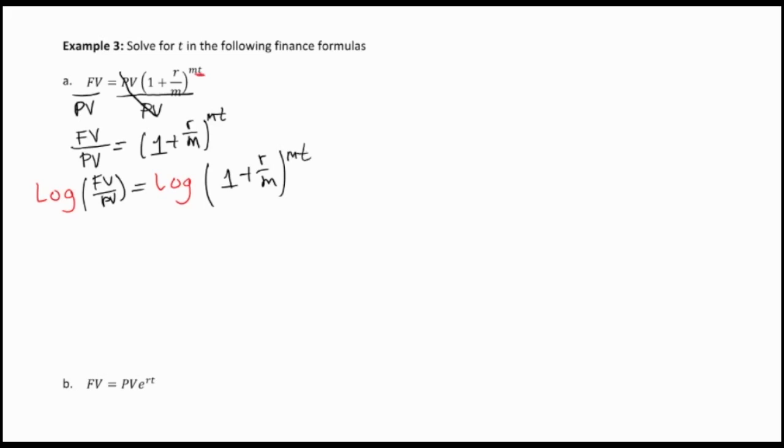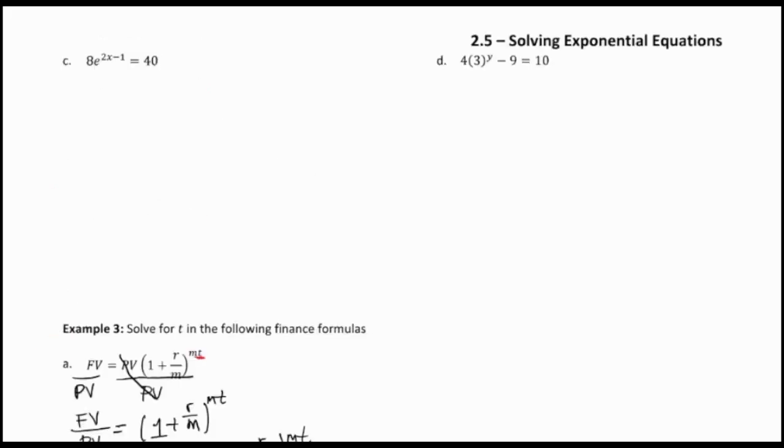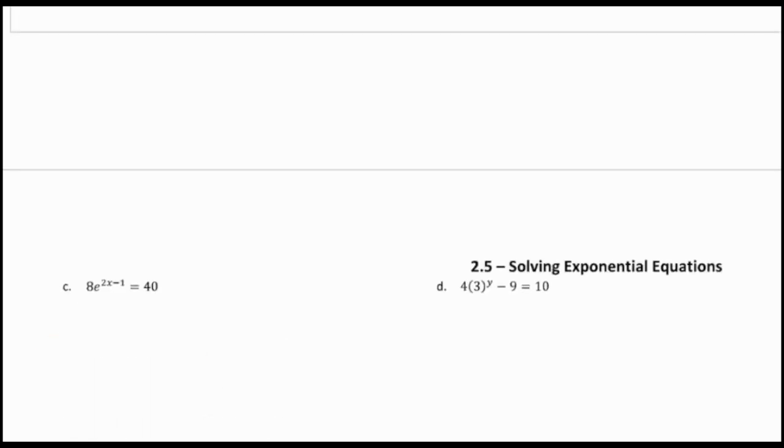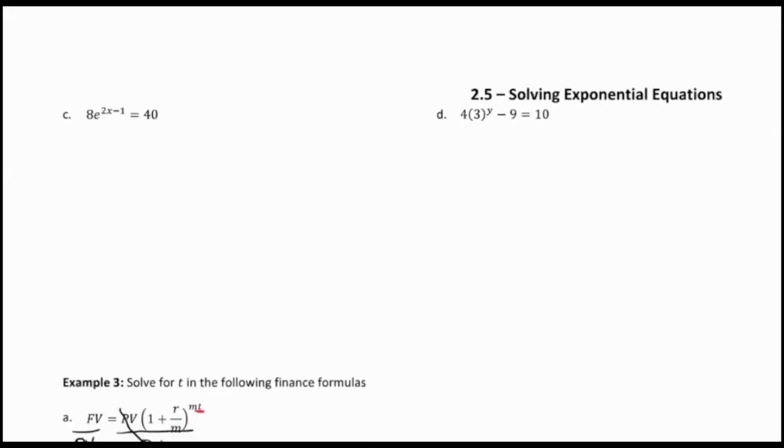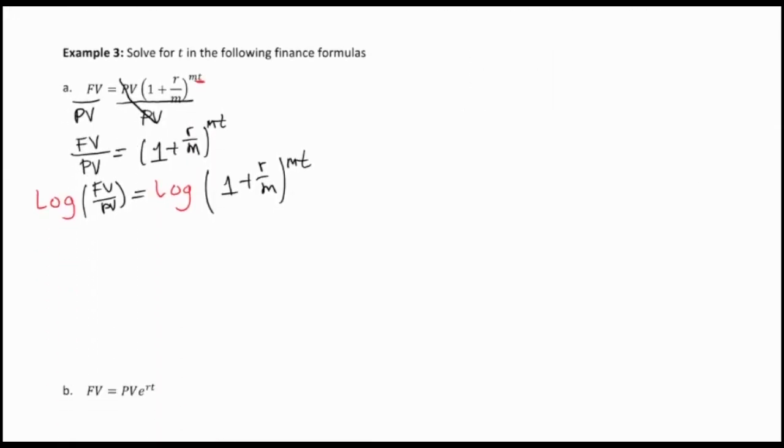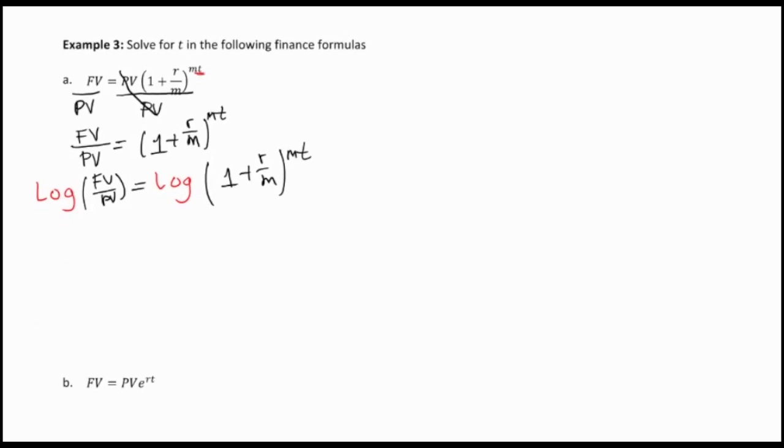And then from here, we apply the power property of logs. So the power property of log says we have log of FV over PV equals mt times the log of 1 plus r over m. What do we do from here?